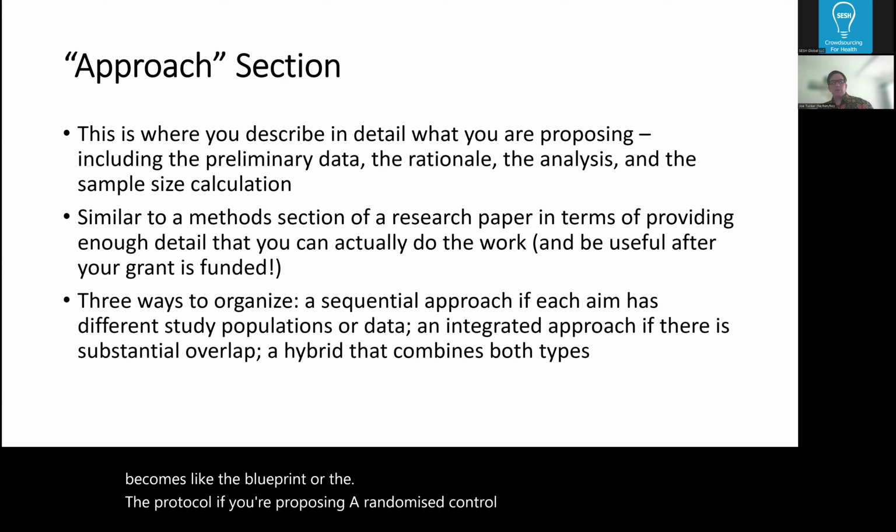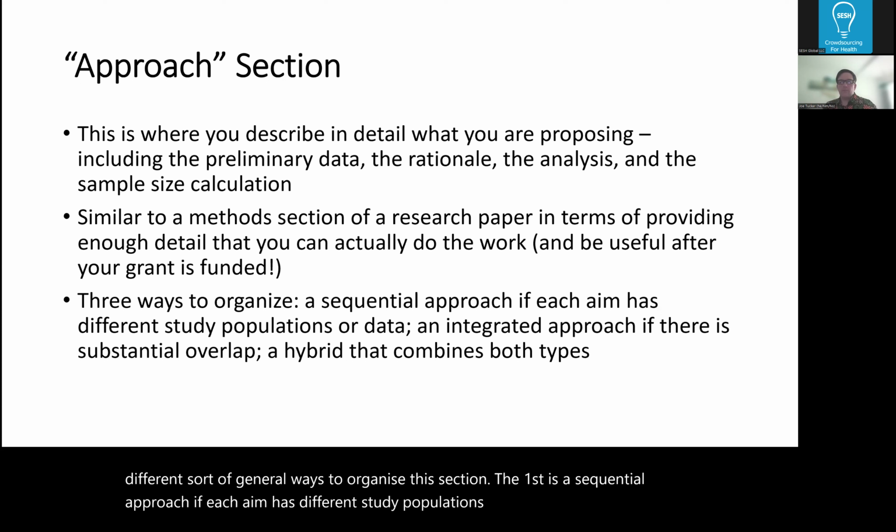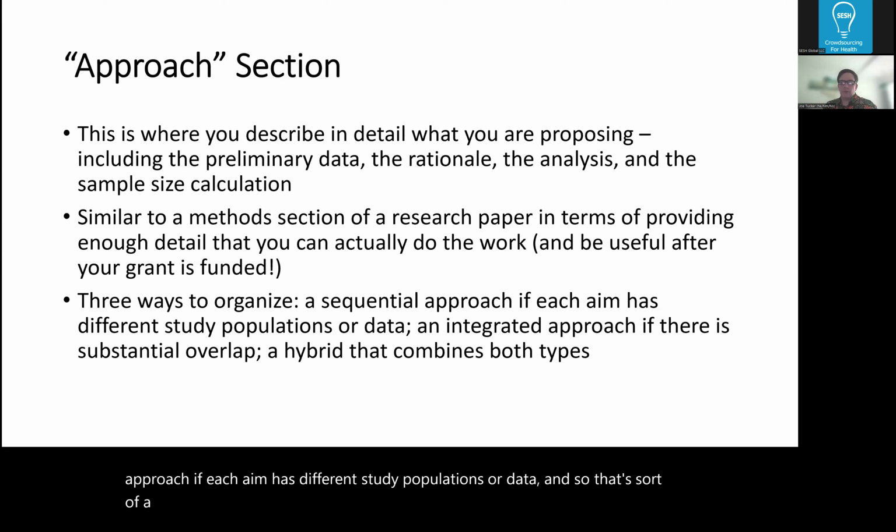And there are three different general ways to organize this section. The first is a sequential approach if each aim has different study populations or data. And so that's a relatively straightforward approach.